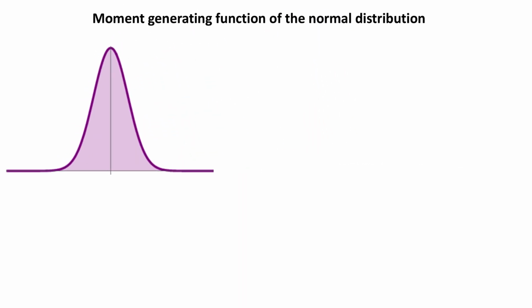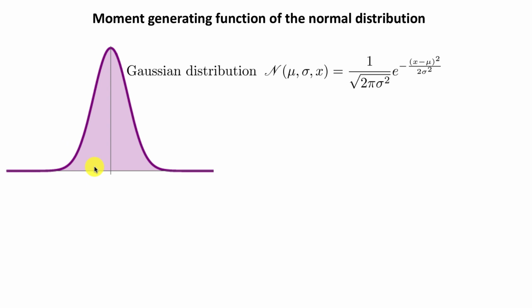Before we prove the central limit theorem, let me remind you of the moment-generating function of the normal distribution. So here is the normal Gaussian distribution. Its mathematical form is the exponential e to the power minus (x minus mu) squared divided by 2 sigma squared, and this factor over here ensures that the integral of the Gaussian is equal to 1.